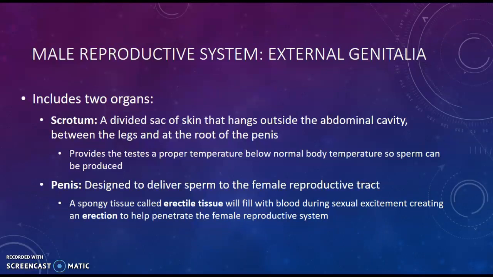The testes are surrounded by the scrotum and hang outside the abdominal cavity because sperm are extremely picky, and they need a proper temperature in order to be produced and stay alive. They must have an ideal temperature that is below normal male body temperature. And then the penis is there to deliver sperm into the reproductive tract.